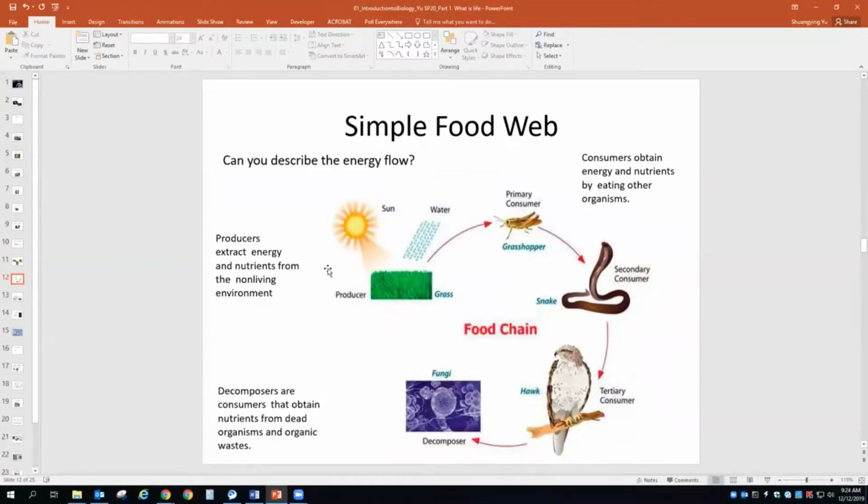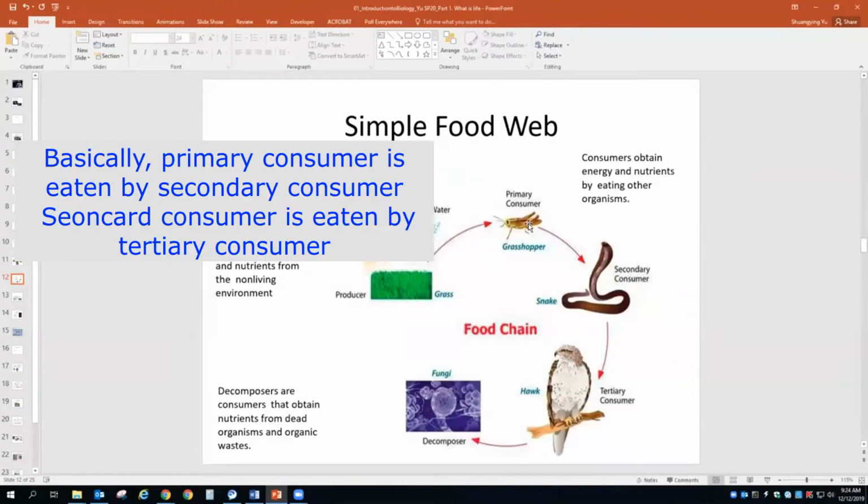From the material, the nutrients, and the energy flow from producers to consumers. And based on their food, we can further divide them into primary consumer, that's at the lowest level. They're going to be eaten by something else, for instance, a secondary consumer. And then the tertiary consumer, that's at the highest level of the food chain.